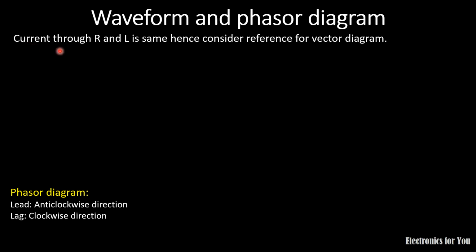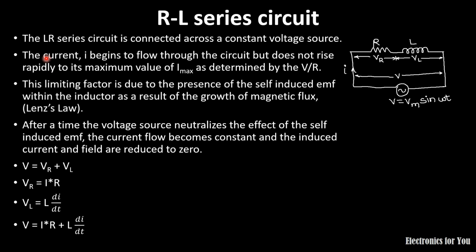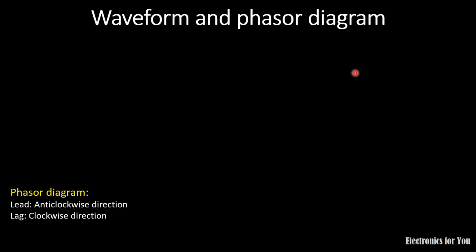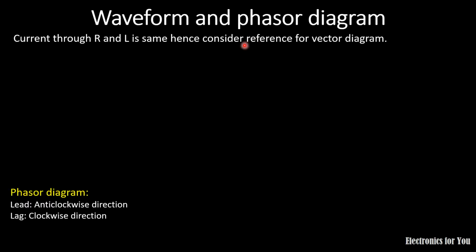Here the current flowing through this circuit is the same, because the voltage drops across the inductor and the resistance are different, but the current is constant. That's why the current I is considered as the reference for the vector diagram.